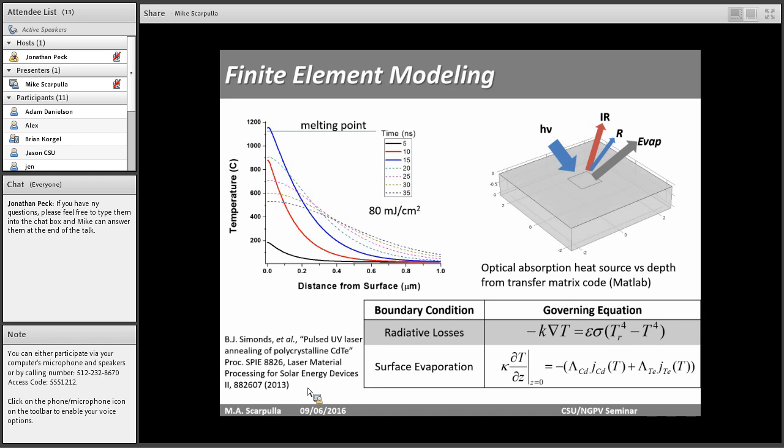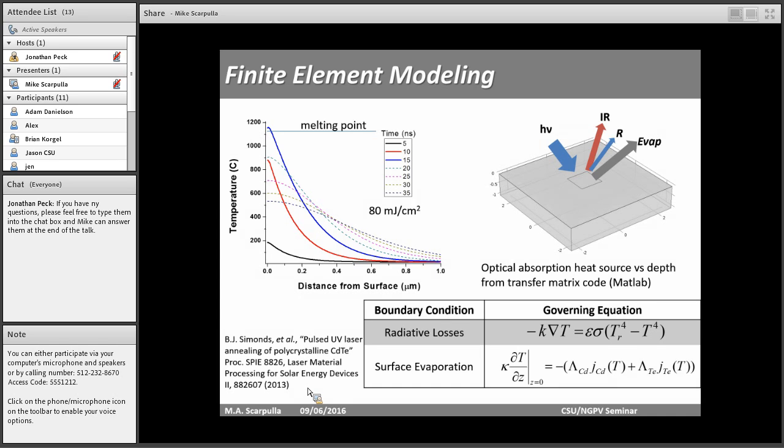So we first modeled this process using COMSOL finite element modeling, and most of the simulation is very straightforward heat flow, although we also added in the evaporation boundary condition as well as radiative heat loss to make it more realistic.